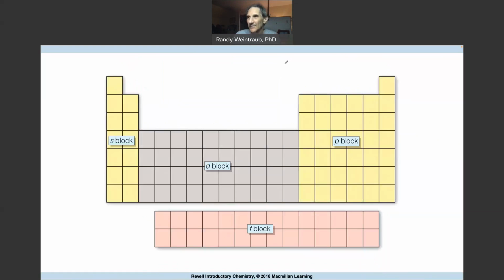Because of what we just discussed, the 4 blocks in the periodic table are sometimes called the S block, the P block, the D block, and the F block, based on the highest energy sublevel that the elements' electrons in these blocks occupy.